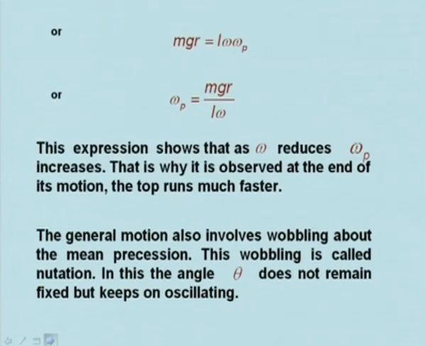So in this case, mgr becomes I omega omega p. It is not dependent on theta. Or you get omega p is equal to mgr divided by I omega.